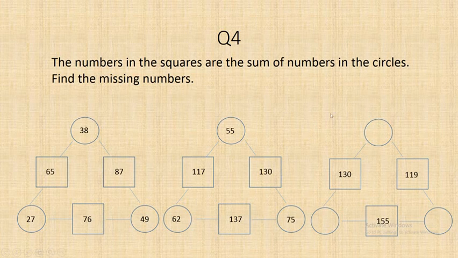Okay, the last question here in question number 4 needs something more than addition and subtraction. It needs equations. So right now you will just solve it with the trial and error method.